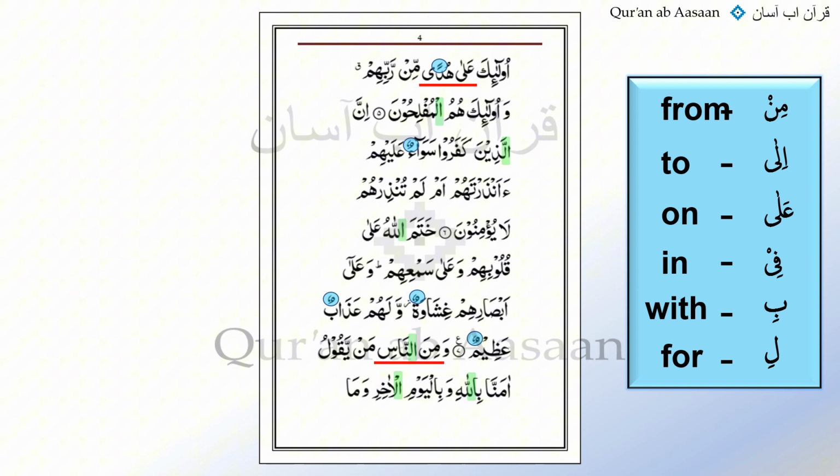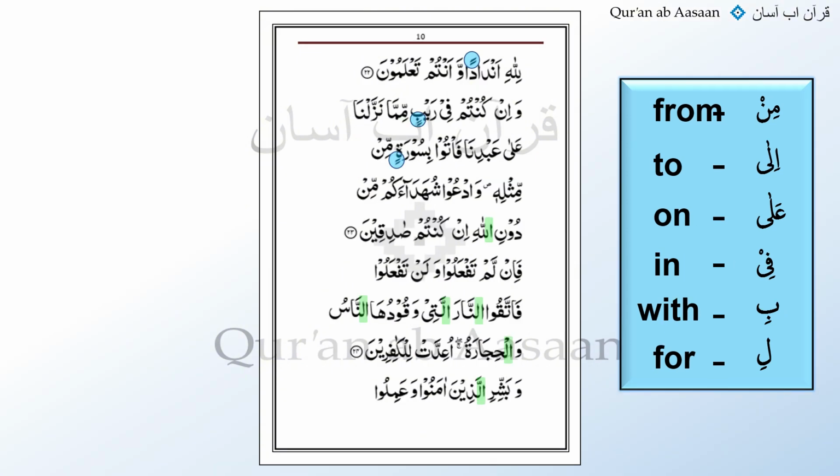No, I'm going to underline it red. Billahi, we have already done that. And there is another one right next to it. Did I underline Bil Yaumi red? No. Good. We have to color the al green first and then we would be underlining Bil Yaumi. Beautiful. All right, the next would be page number 10.